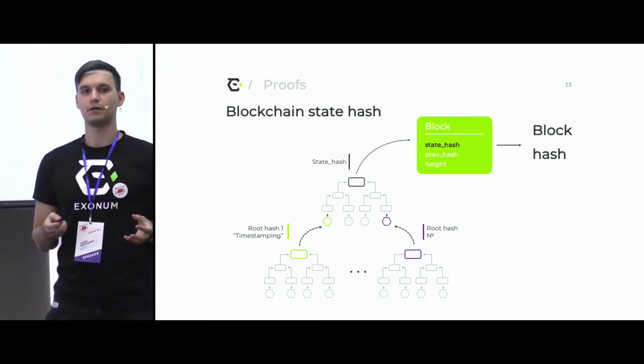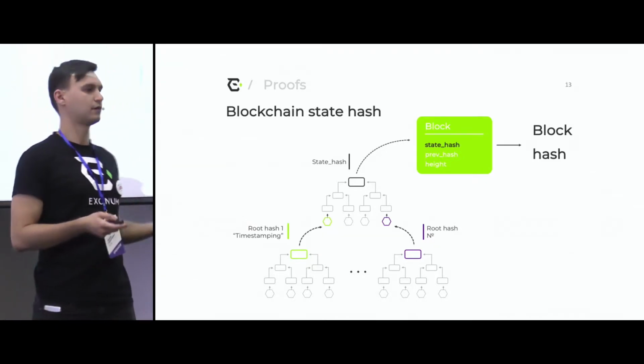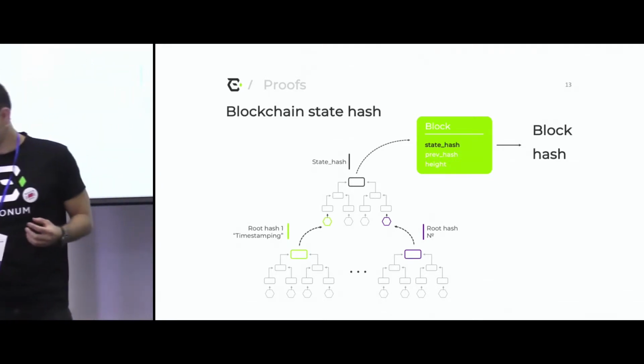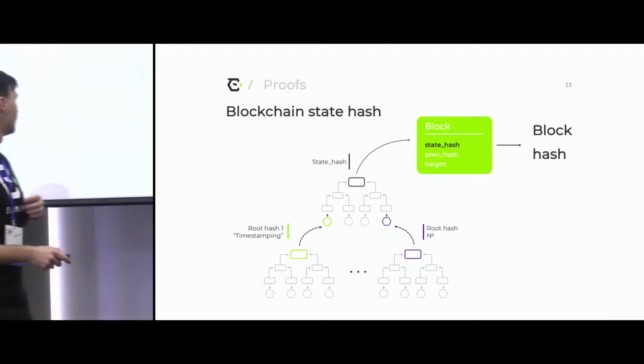This is the whole picture of how the data is stored in our database. Here we can see our tables presented as Merkle trees. For example, this one will be a table with the name timestamping. This will be some other table, let's call it users.